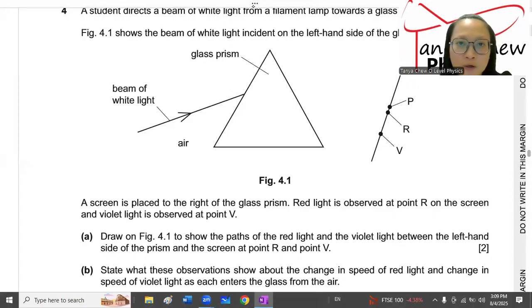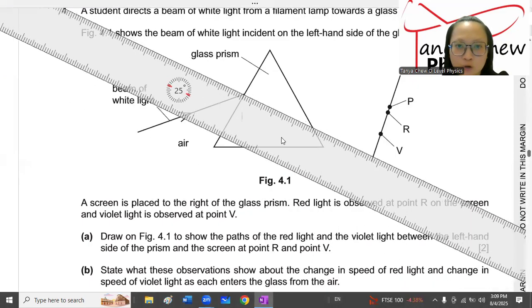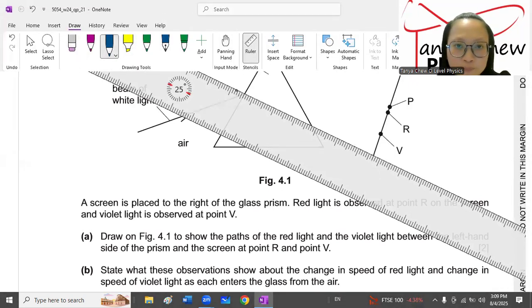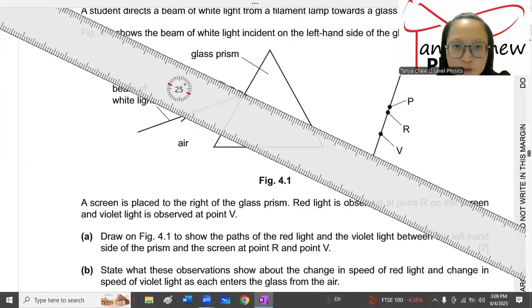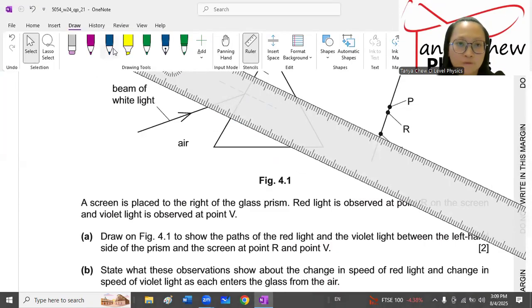I use my ruler so that I can draw better diagram for you. Okay, here, make sure that you draw normal. Okay, this is about normal. 90 degrees. Normal means 90 degrees to the surface. So this is just imaginary line. That is why you need to draw dotted line. So I'm going to use red color represents red light and I'm going to use violet represents violet light.